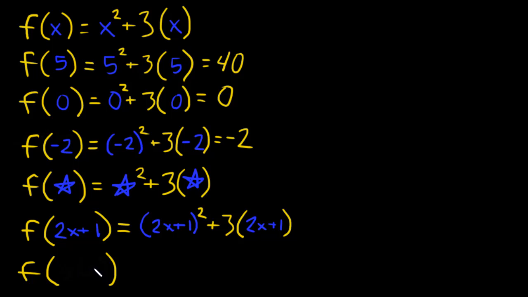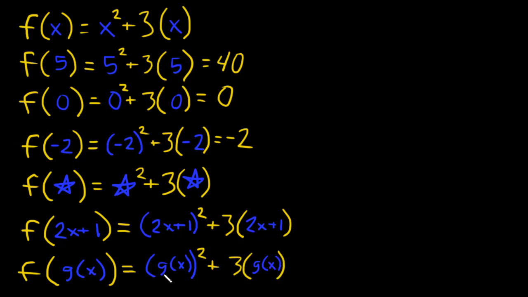So let's go with f of g of x. That is going to equal g of x quantity. I can put it in parentheses, I can put it in brackets, it's all good either way. So squared plus 3 times g of x.